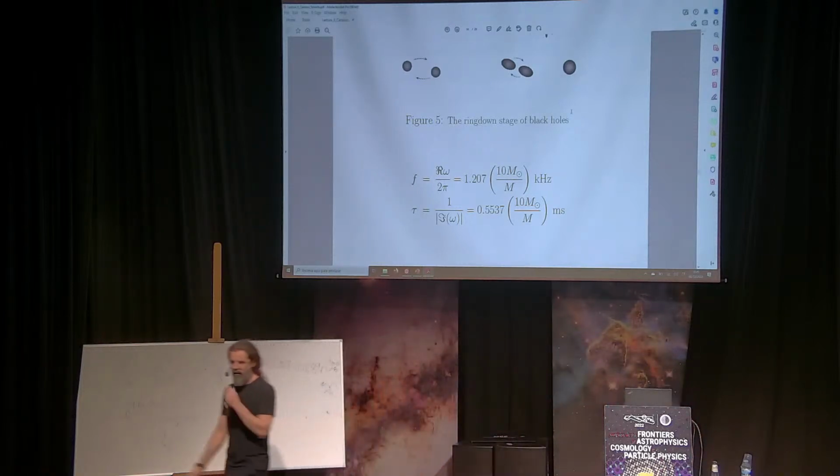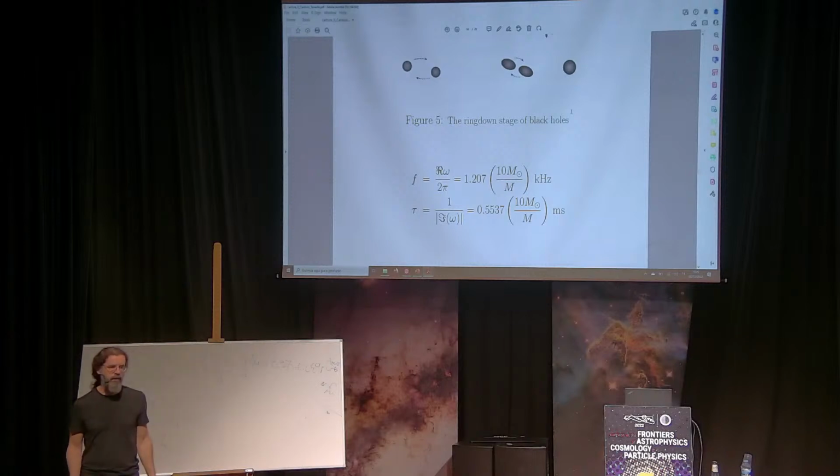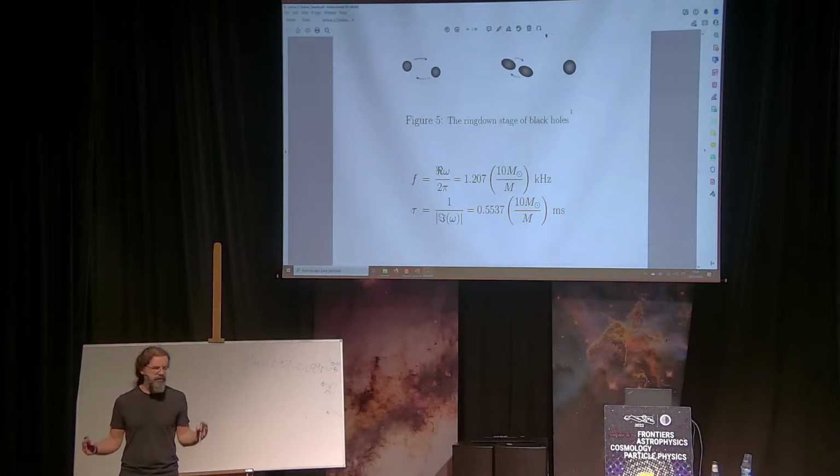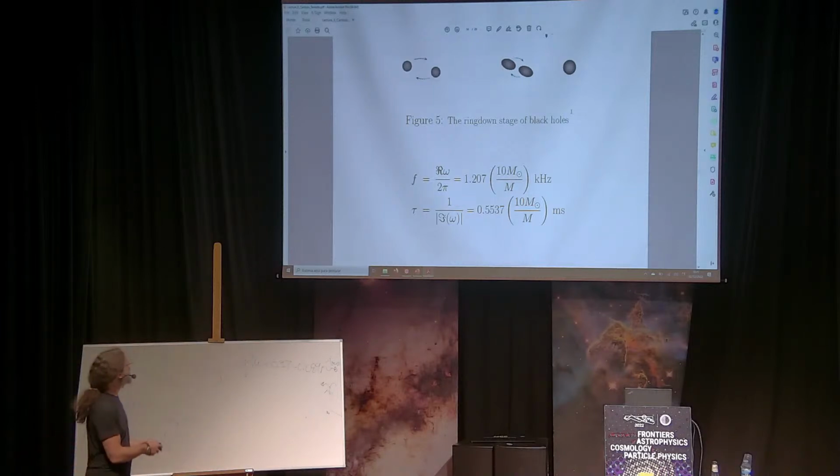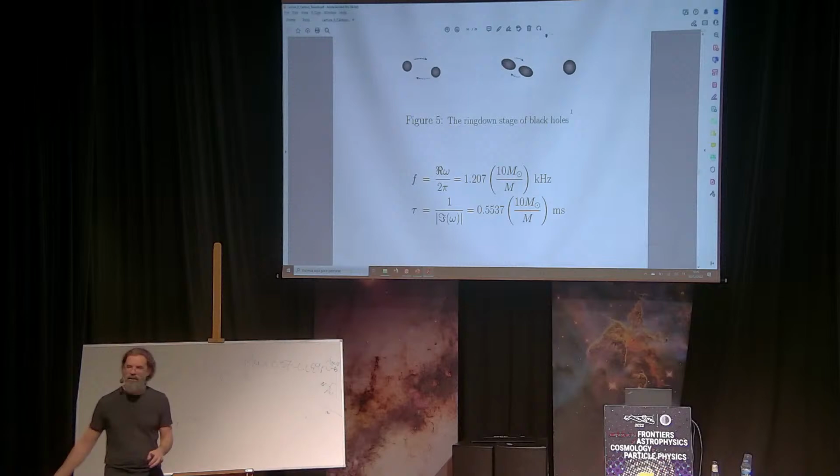It's still impressive, no? So if you think about a 10 solar mass black hole, by the way, what's the size of this black hole? Anybody knows? Okay, roughly 30 kilometers. So just think about this. It's a city. No, it's a huge guy that rings on a scale of a kilohertz.